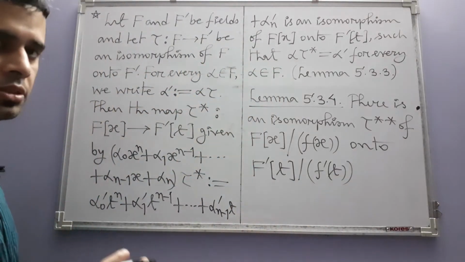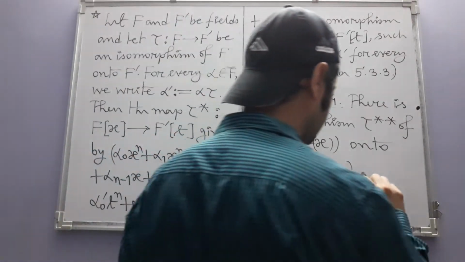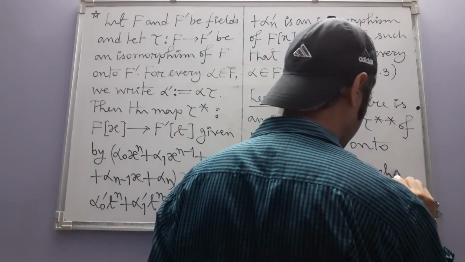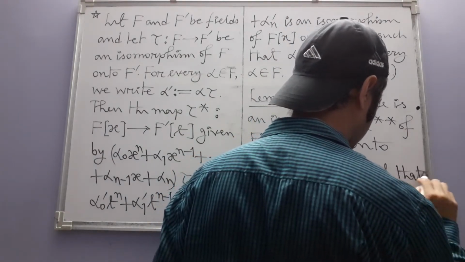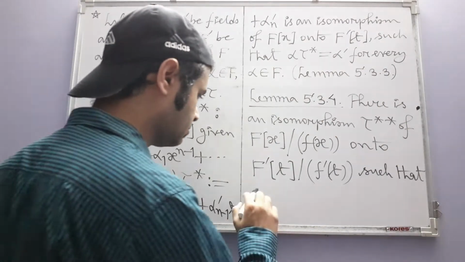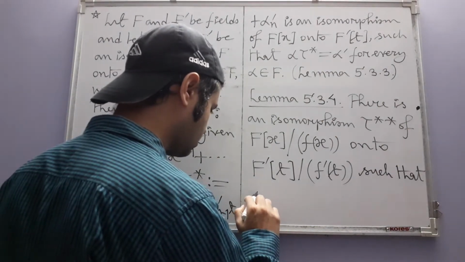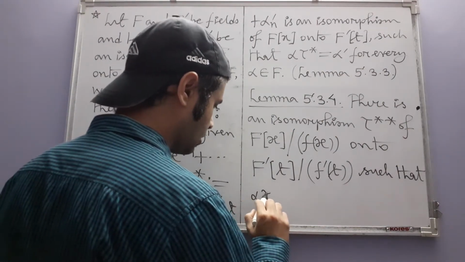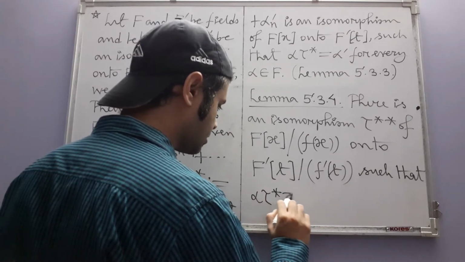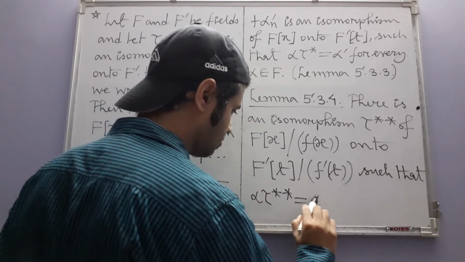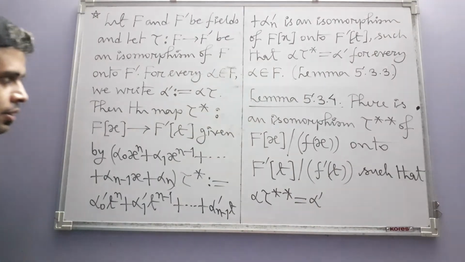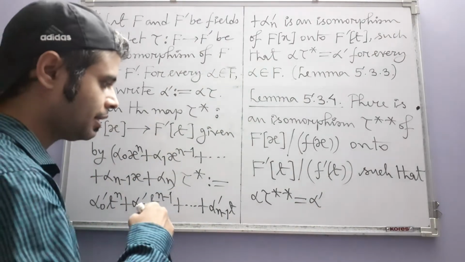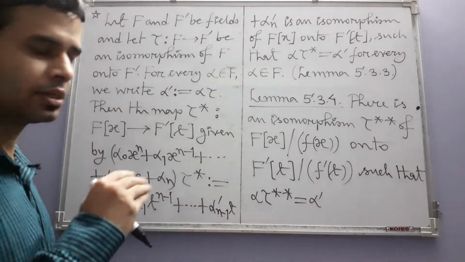Such an isomorphism exists such that alpha tau star star is equal to alpha prime. So you see that we are going step by step, right?